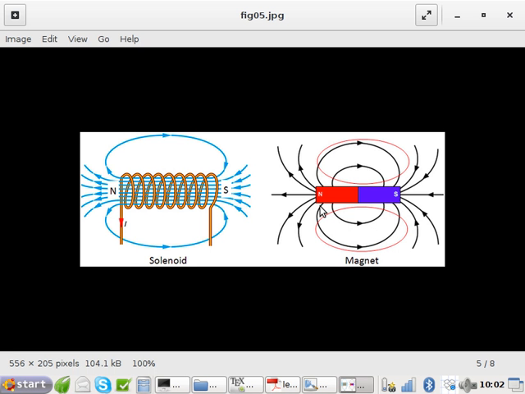Okay, got this picture again. Now you just need to draw the one on the left. You don't need to draw the one on the right because you drew it already.